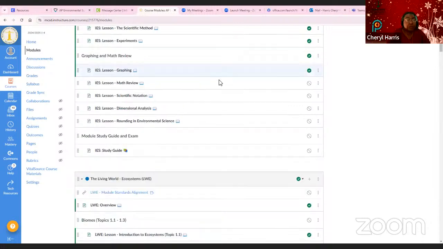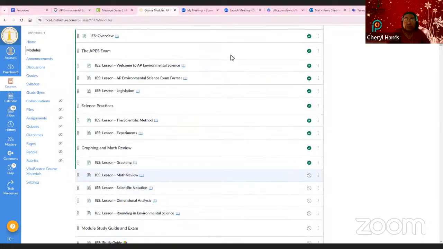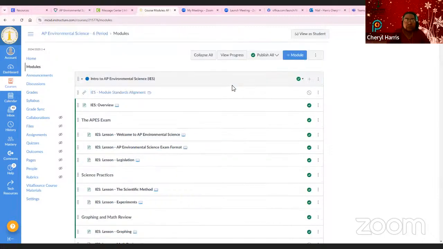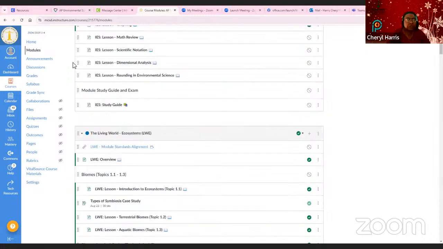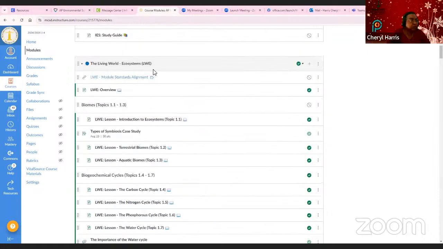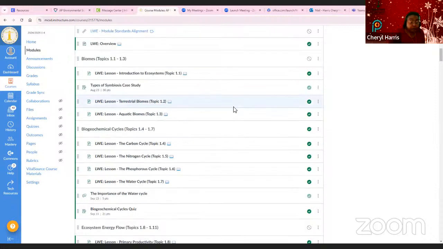That's just general information, even though it is published. The actual test is going to start from Living World. Okay. So that's just a heads up as to where we're going for the end of the semester. There is no new information after today.